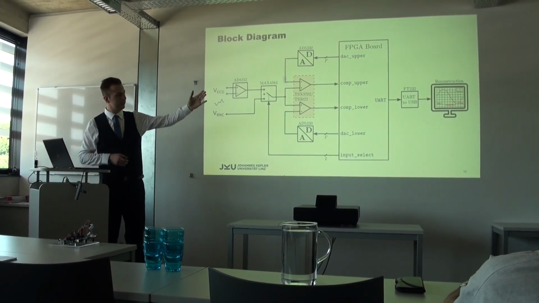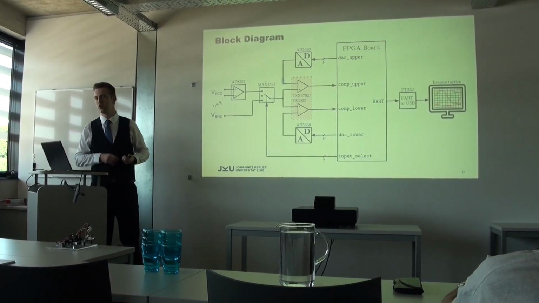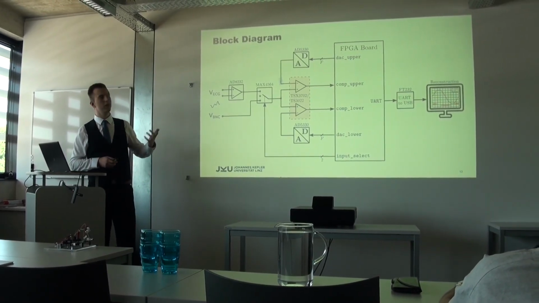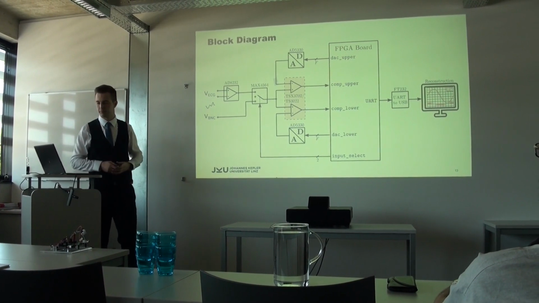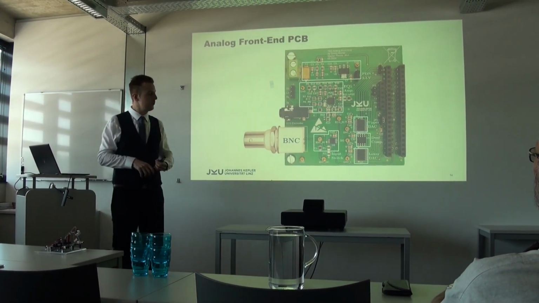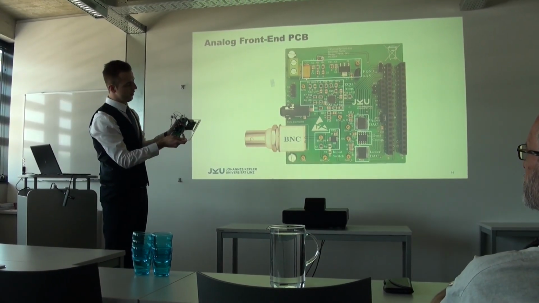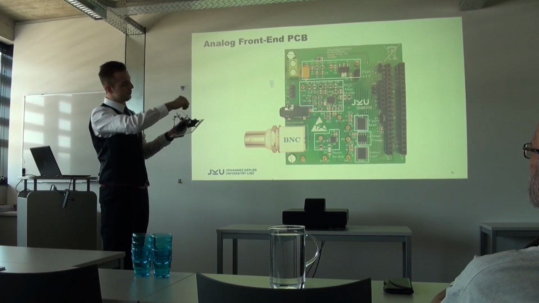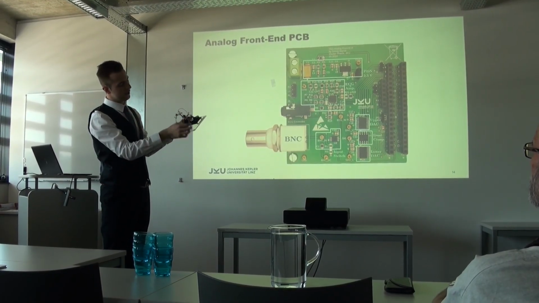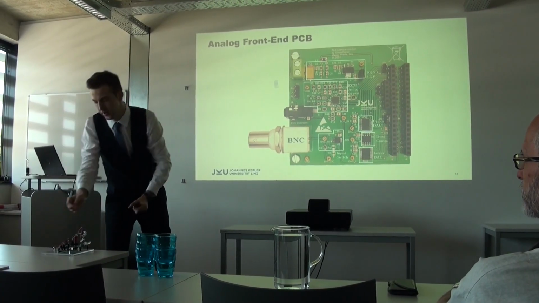The generated spikes are then transmitted to a notebook via a UART to USB converter, and then are reconstructed in MATLAB or Python. This here is the analog front end PCB, and the whole demonstrator is this. So we have the analog front end PCB, and here we have the FPGA board, and optionally you can also transmit data with Ethernet.